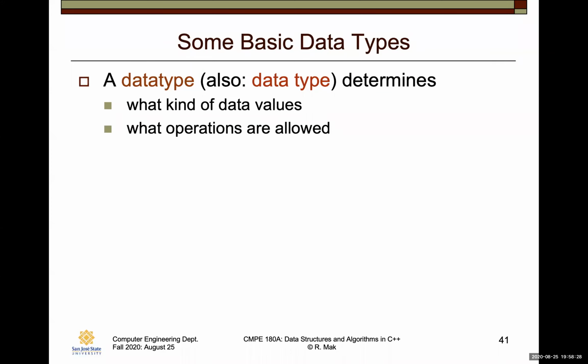Now you can do other things with a string, like concatenate strings and get the length of a string and so forth. So those are operations that make sense with the string data type. It doesn't make sense to ask for the length of a number. So when you have a data type, that tells you what values that variable can have and what operations are allowed on those values.